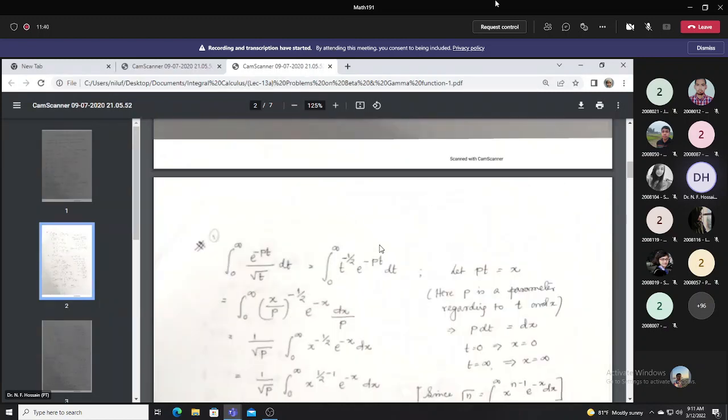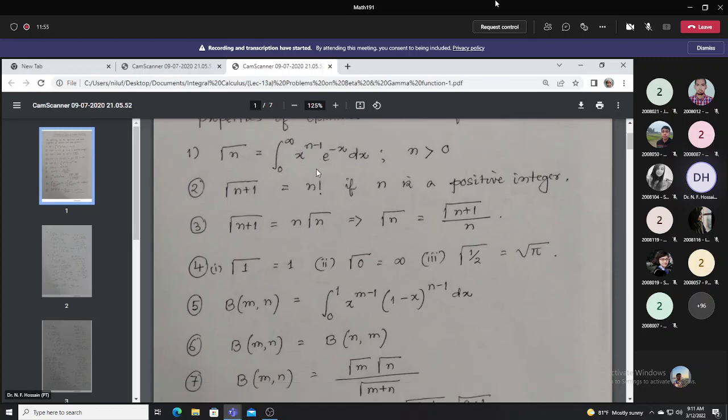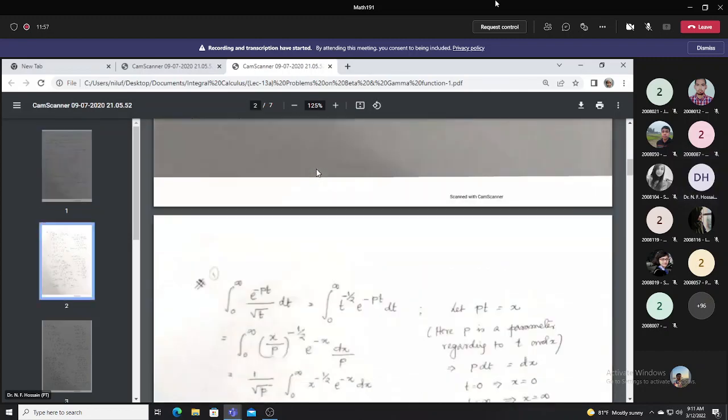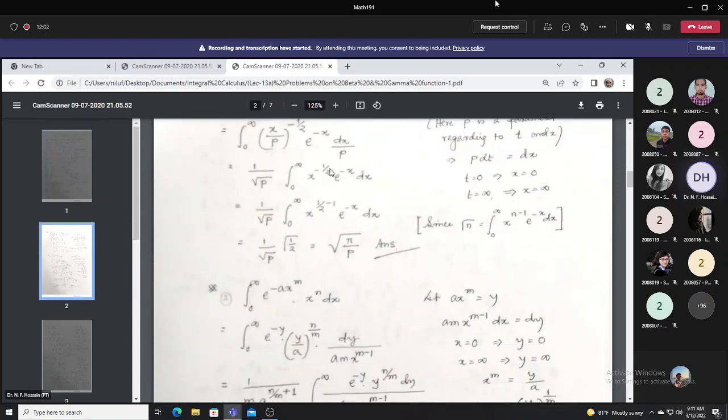Now what was the definition of gamma function? Integral of x to the power n minus 1 into e to the power minus x. This part is okay, but here we have x to the power minus half. But this minus half can be written as half minus 1. So this half can be treated as our n, and it is positive.